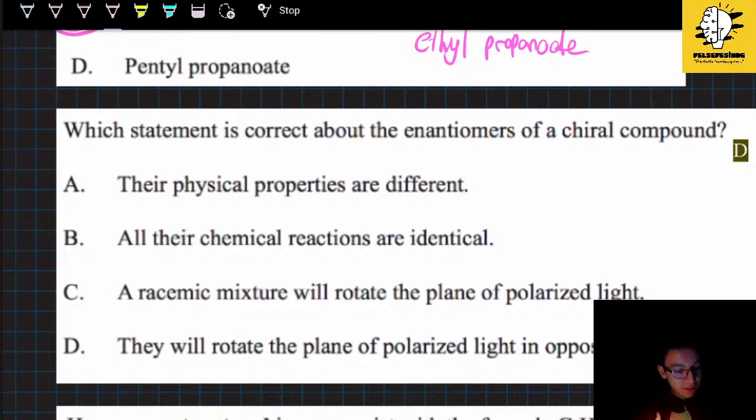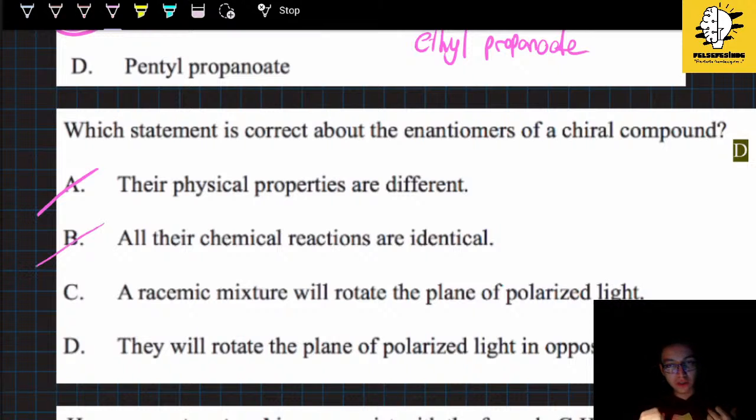And then, which statement is correct about enantiomers of a chiral compound? So we can directly understand that their physical properties are different. No, their physical properties are the same, but their chemical properties are similar. All their chemical reactions are identical? Not identical. A racemic mixture will rotate the plane of polarized light?